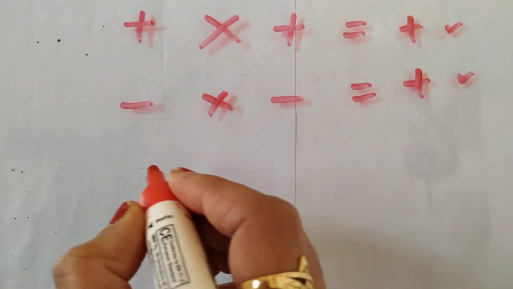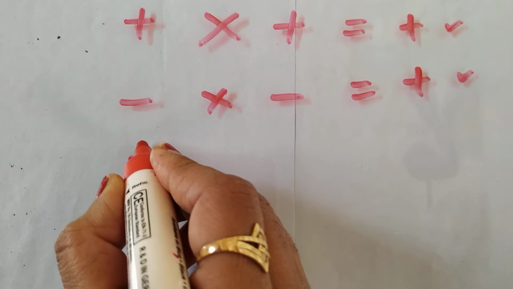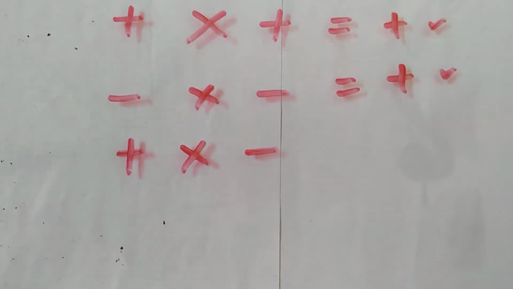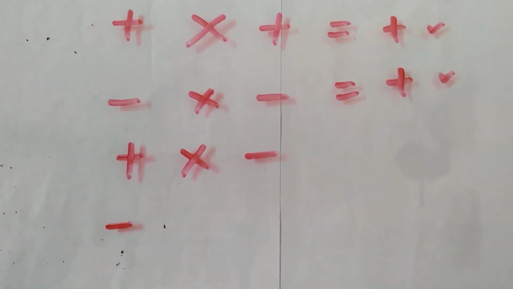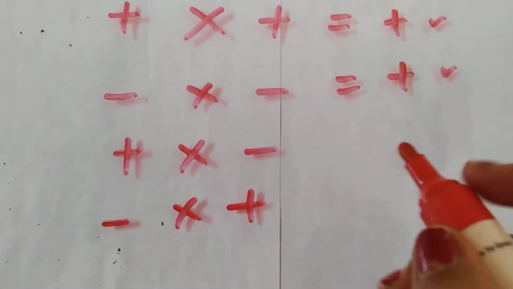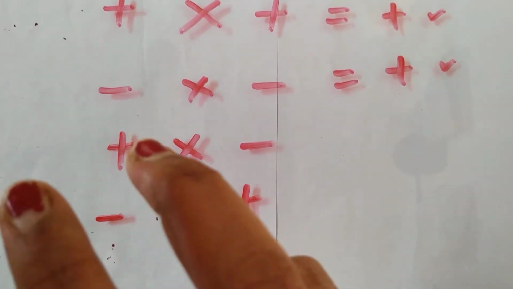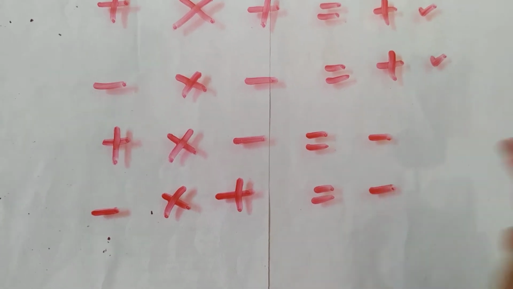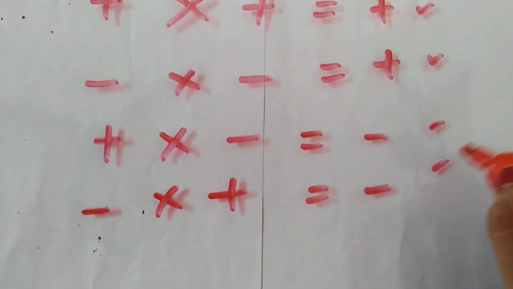If we multiply two numbers in which one is positive and another one is negative, that means whenever we multiply two numbers of different signs, our result is always negative.